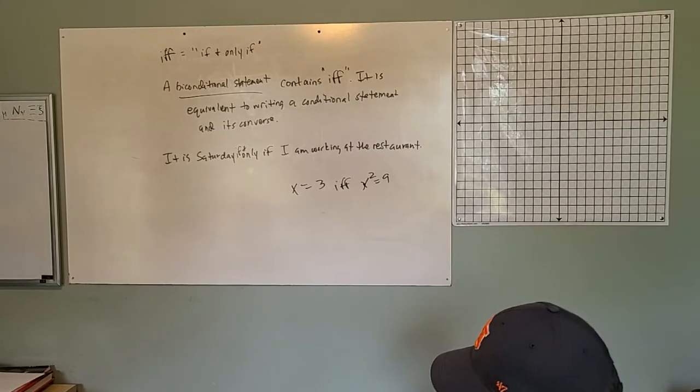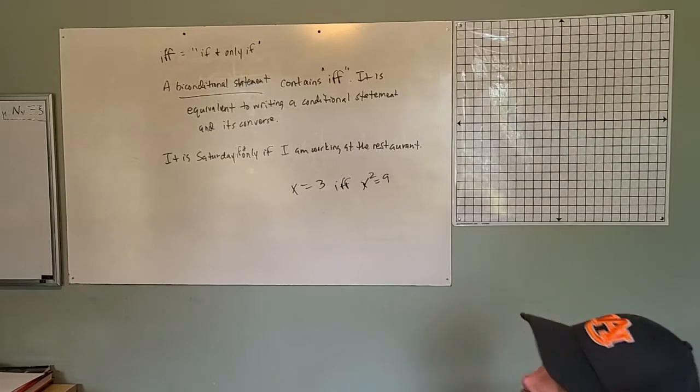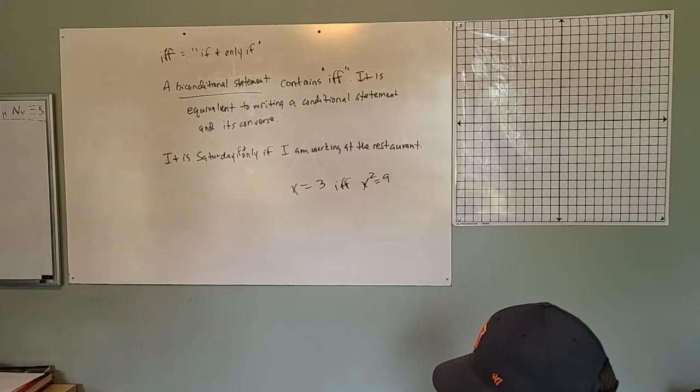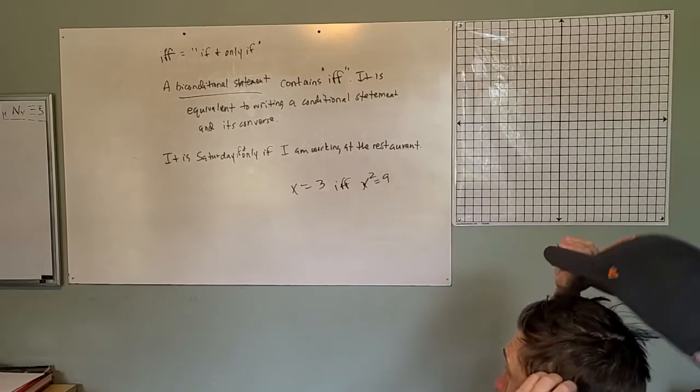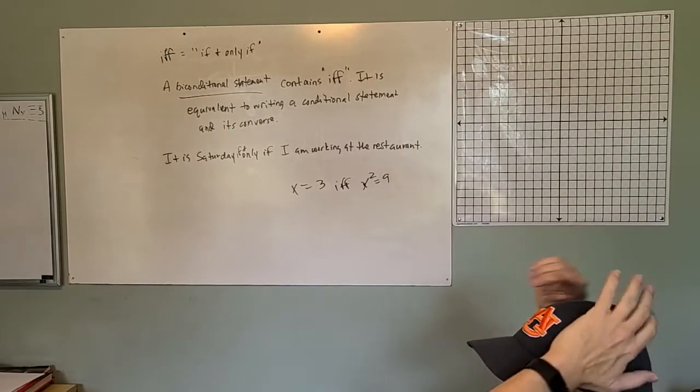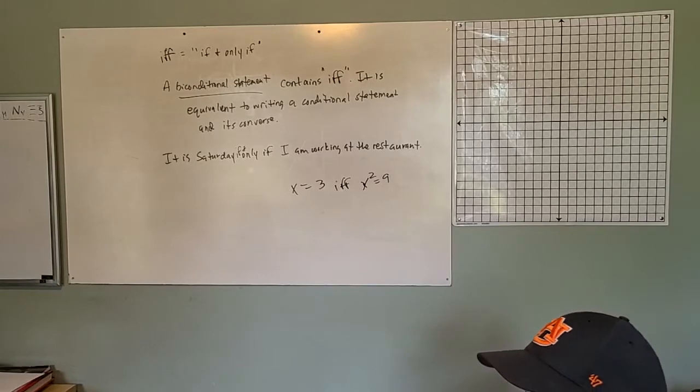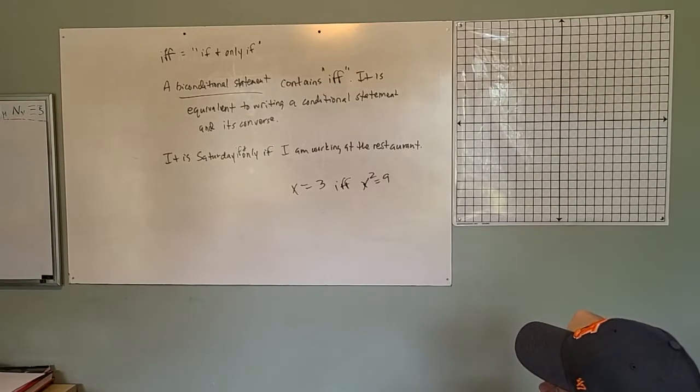The first question they ask us is, is this a biconditional statement? Yes, it is, because it's got if and only if. The second one is, is it true? How do we determine if it's true or not? We just have to see if we can come up with one example where that wouldn't be so. So x equals 3 if and only if x squared equals 9.